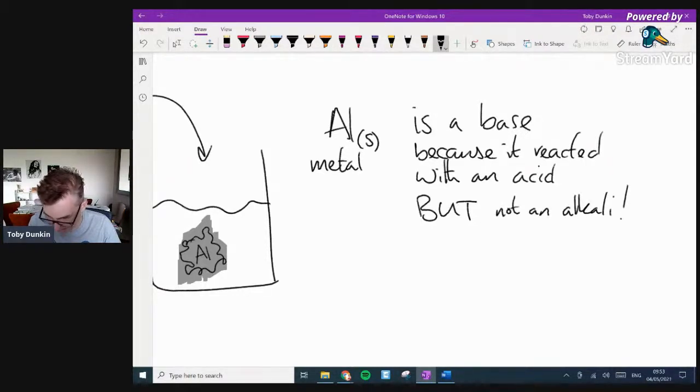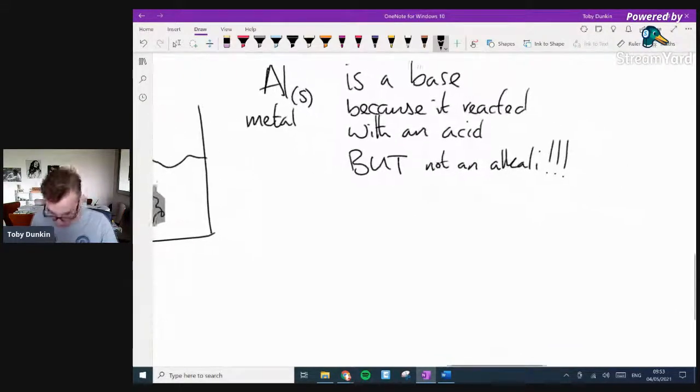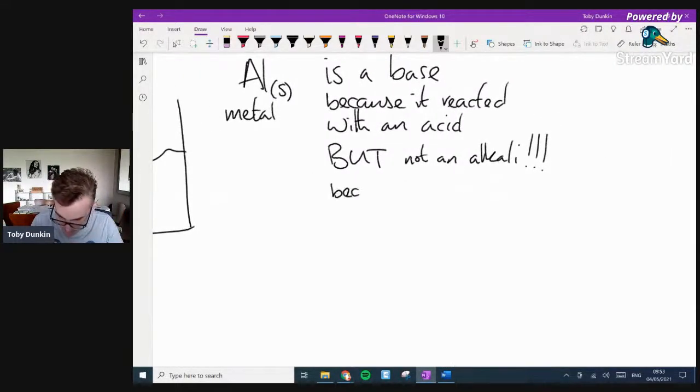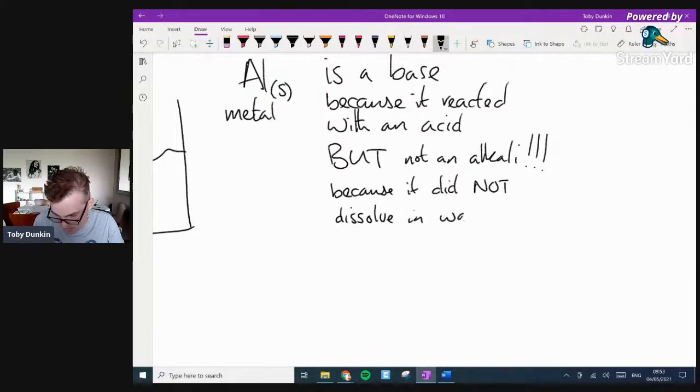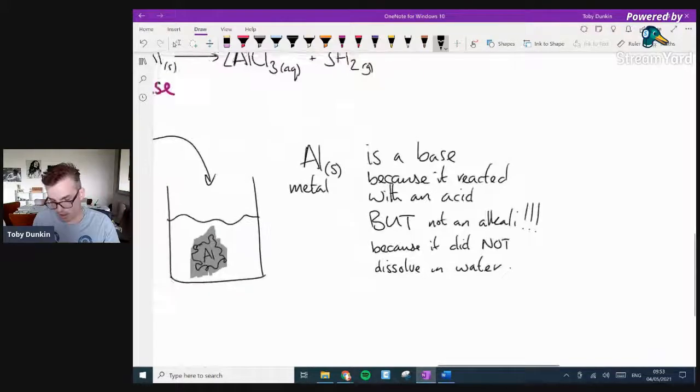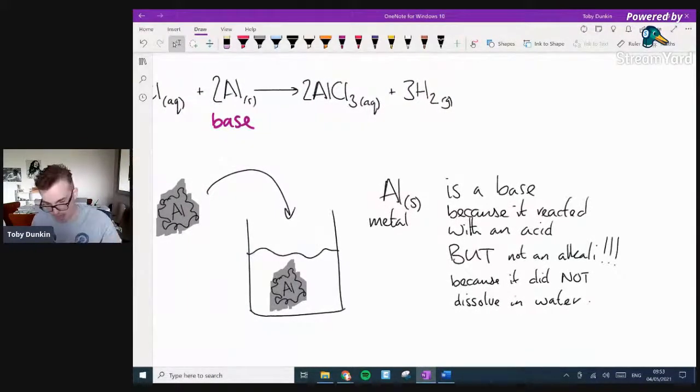It's not an alkali, because it's not soluble, because it did not dissolve in water. It just floats around, going, why have you put me in water?